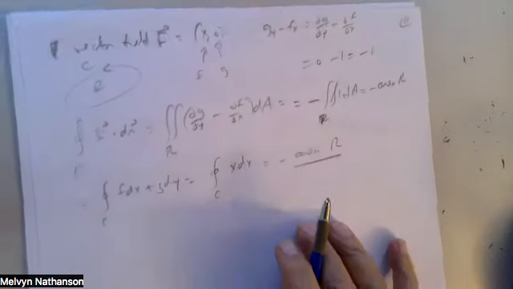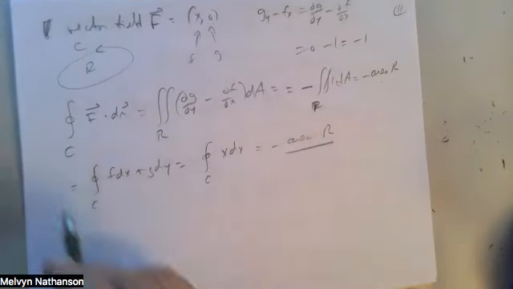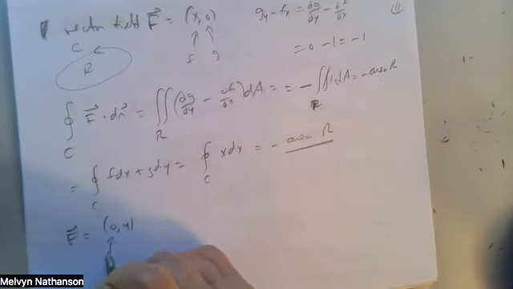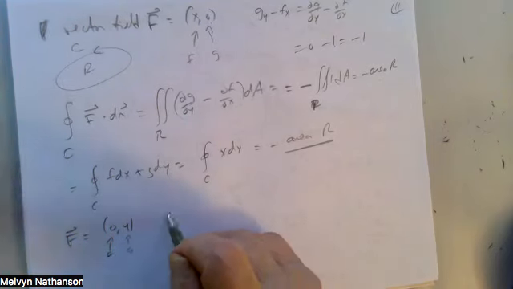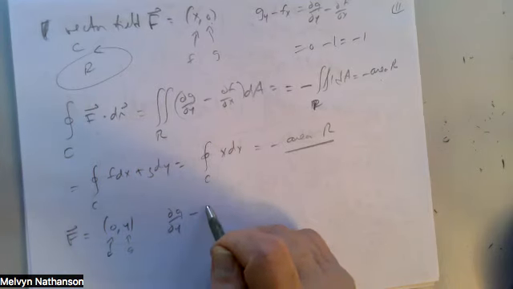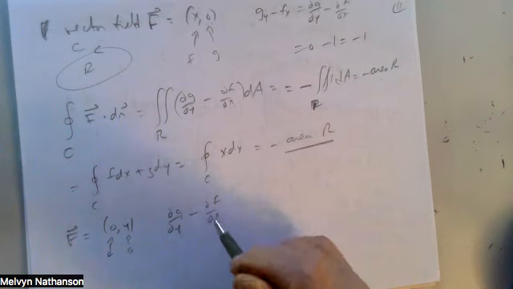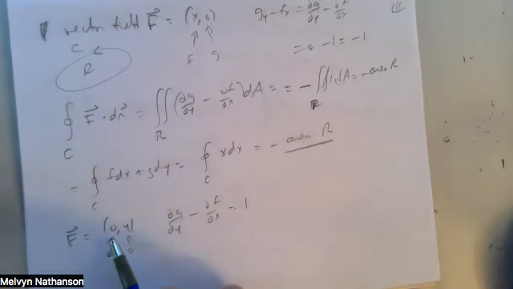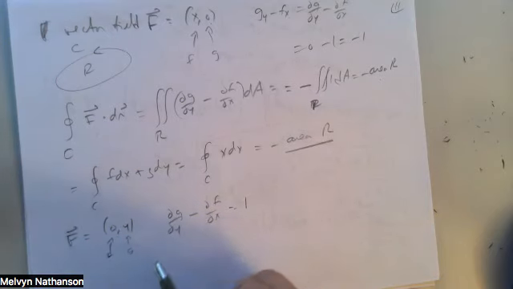Let's take another very simple vector field. Suppose we take the vector field F to be 0, y. So little f is 0 and little g is y. So the curl, partial g, partial y, minus partial f, partial x.